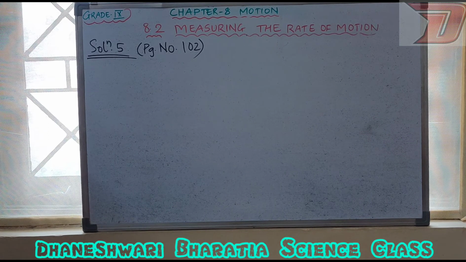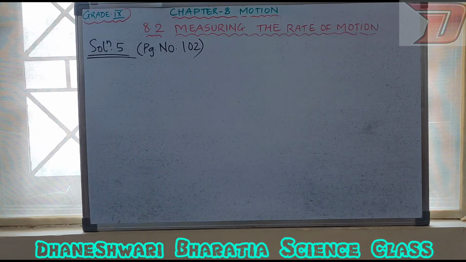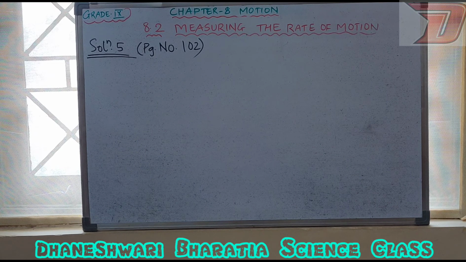So when will average velocity be equal to average speed? When distance and displacement are both the same. That is, when the distance is equal to displacement, the magnitude of average velocity of an object will be equal to its average speed.